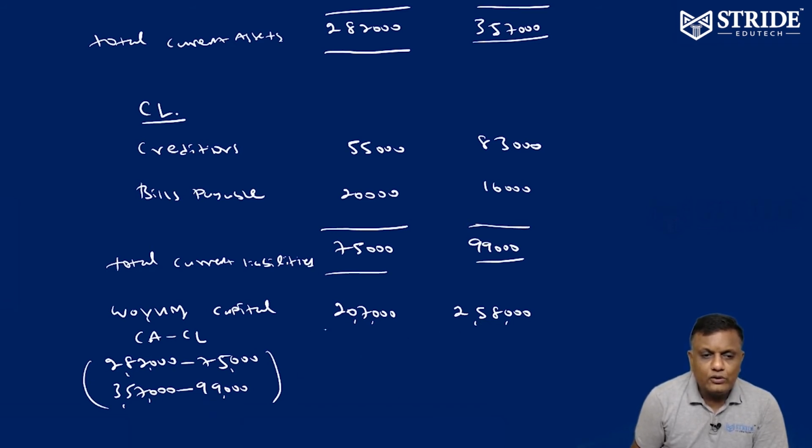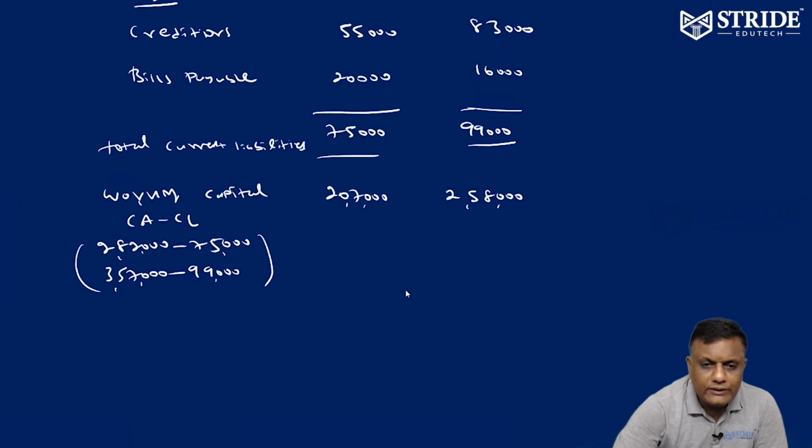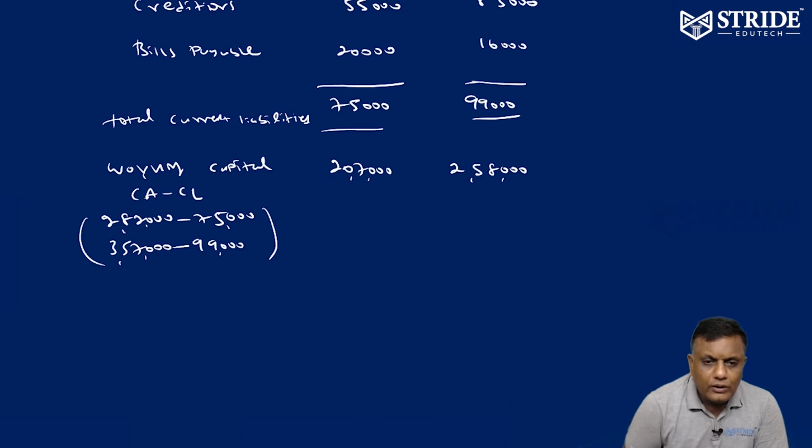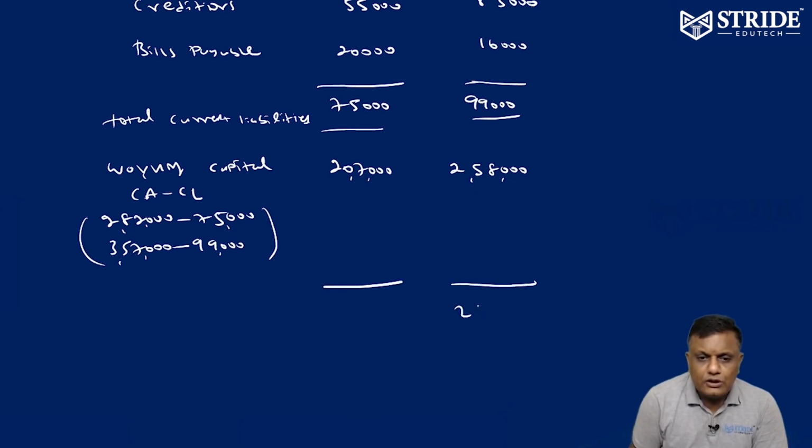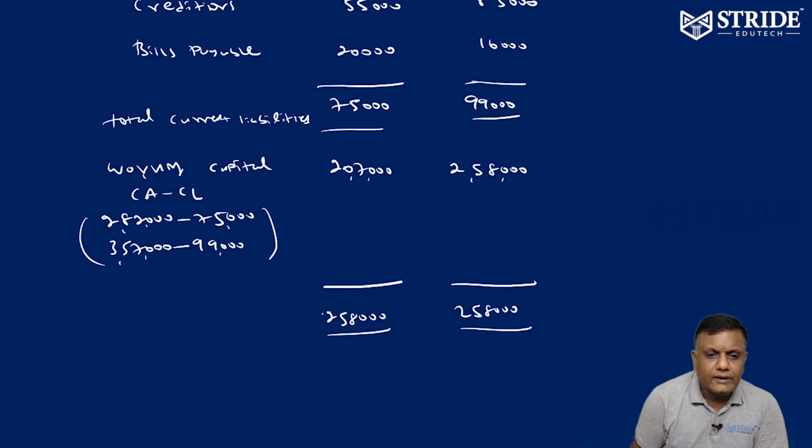So opening working capital 2,07,000 and closing working capital 2,58,000. Working capital increases from 2,07,000 to 2,58,000. Closing is higher, so the difference is 51,000.